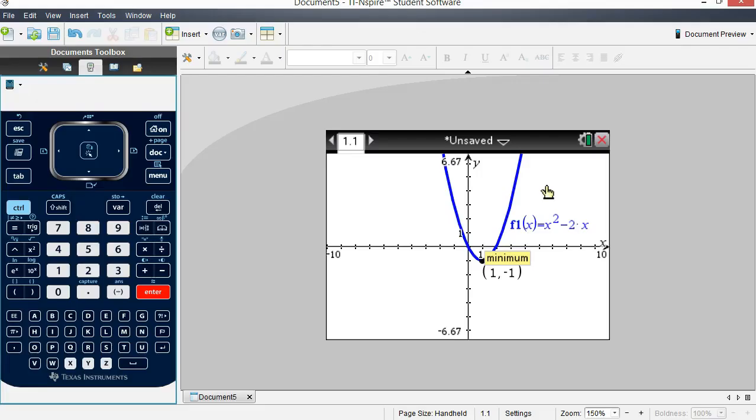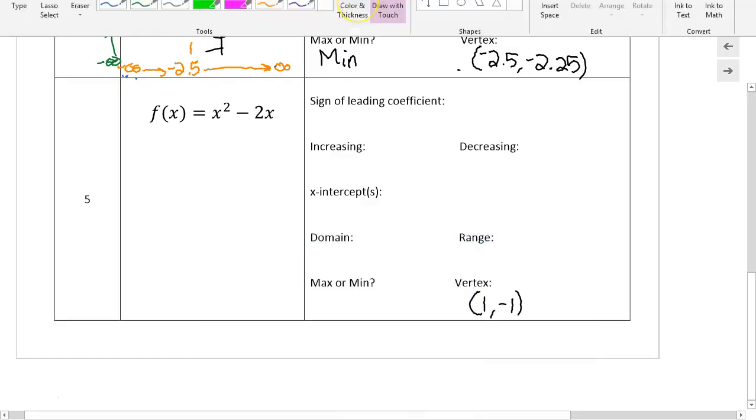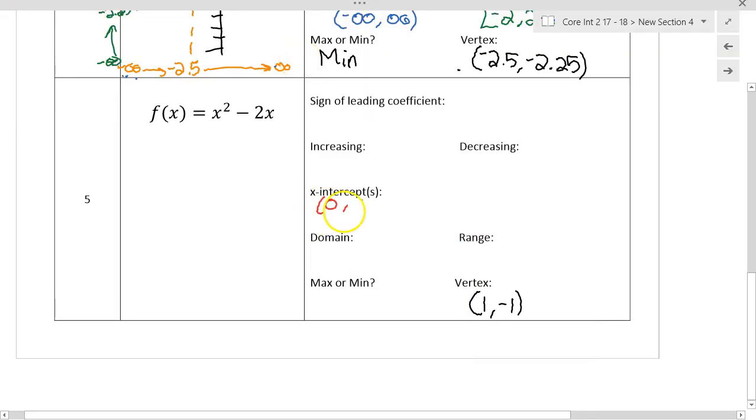Where are my x-intercepts? My x-intercepts are right here, which is 0, and here, which is 2. So my x-intercepts are at 0 and 2. So (0, 0).